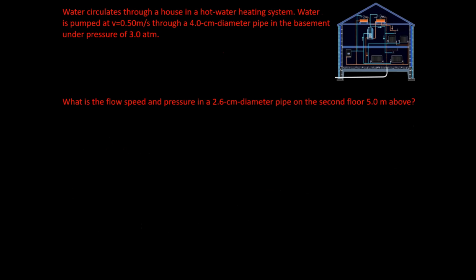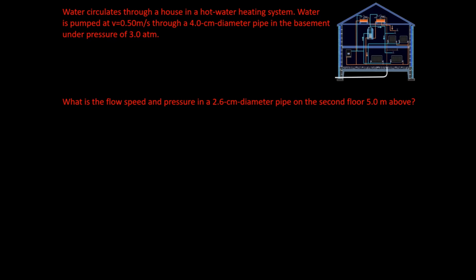So let's take a look at using the equation of continuity. Let's use it in a practical fashion. So here we have a situation where water is circulating through a house in a hot water heating system. Water is pumped through at a velocity of 0.5 meters per second through a 4 centimeter diameter pipe in the basement under a pressure of 3 atmospheres.